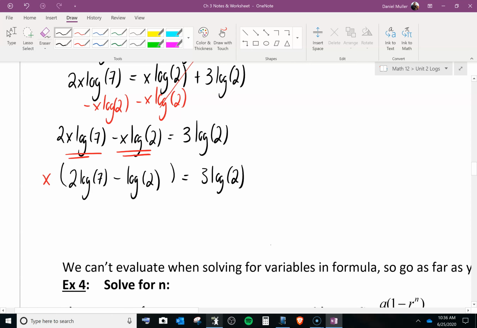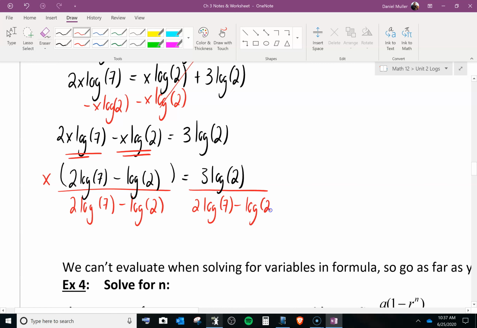So this could say 1.4x, in which case you just divide both sides by 1.4. But we're not going to divide both sides by 1.4. We're going to divide both sides by just this exact value. And that's gone. So x equals all of that.